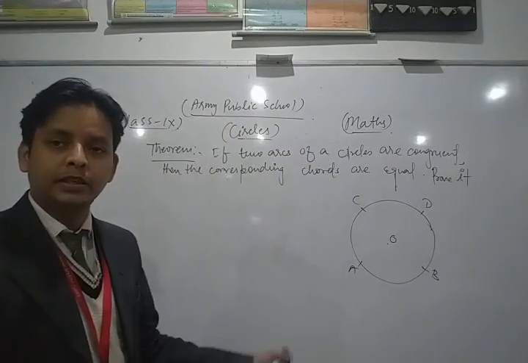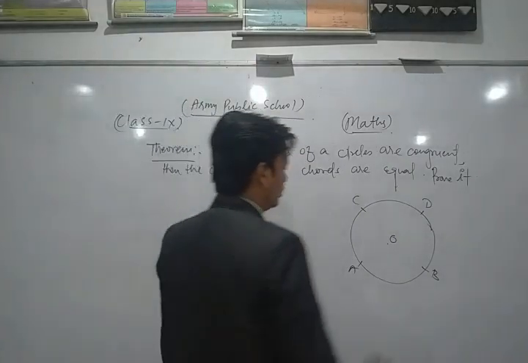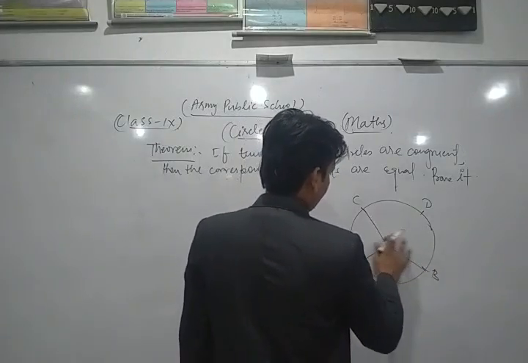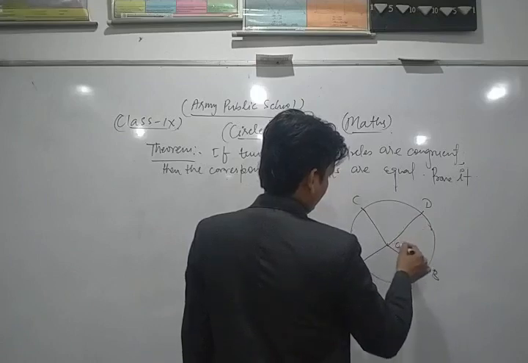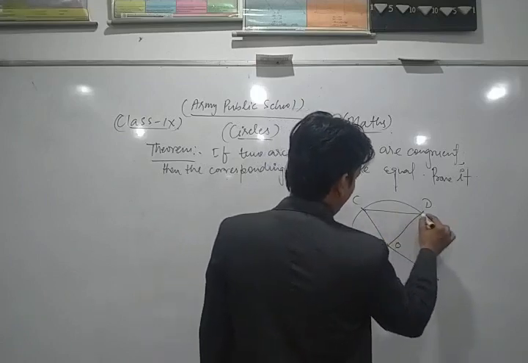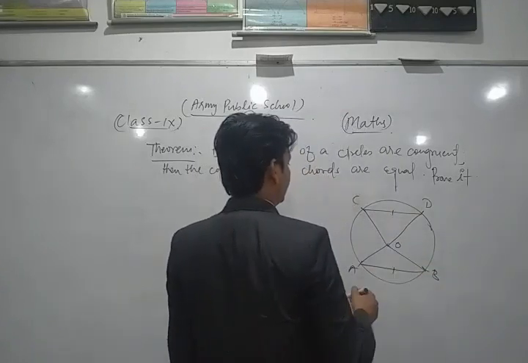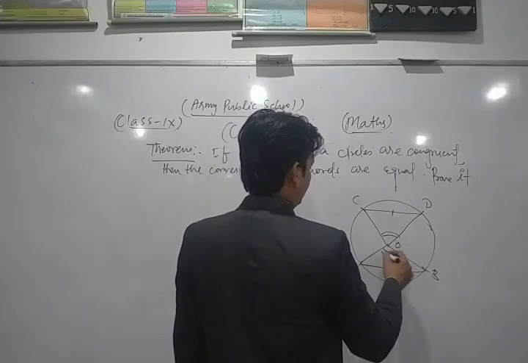In this way they subtend equal angles at the center. Now we join the chords AB and CD, and this one is equal to that one.